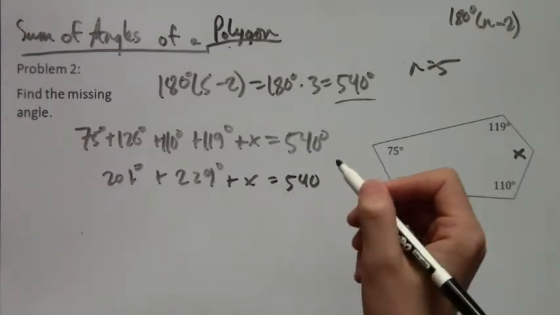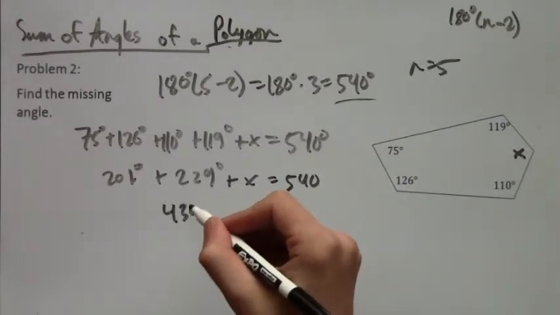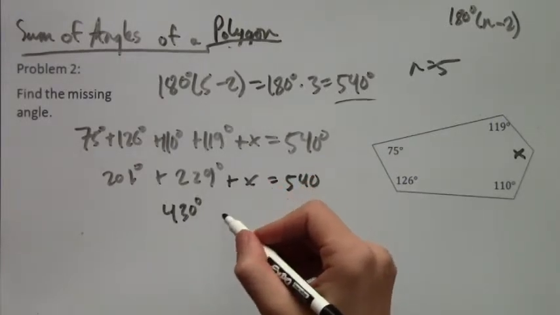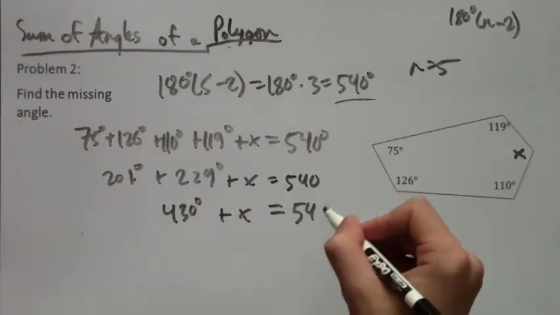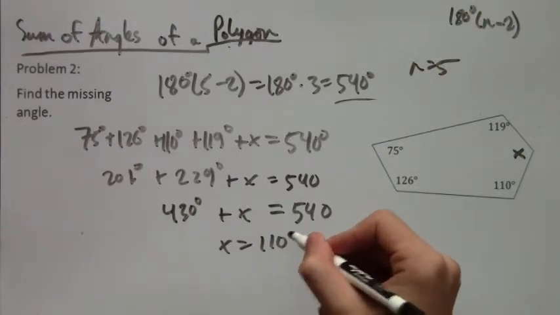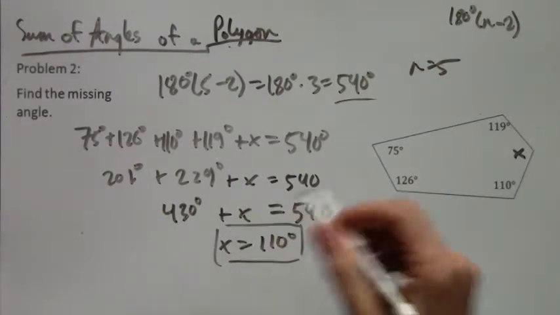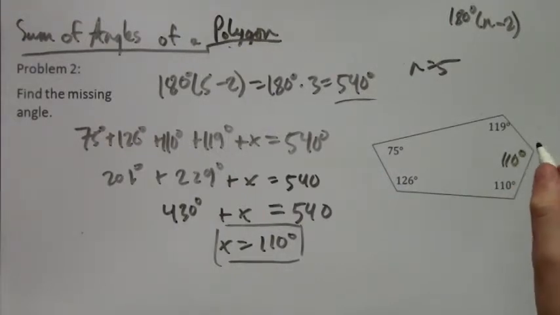And that all summed together should equal 540 degrees. Adding 201 degrees and 229 degrees, we get 430 degrees plus x equals 540 degrees. So we just solve by subtracting. We get x equals 110 degrees. Alright, so we found the missing angle. It's 110 degrees.